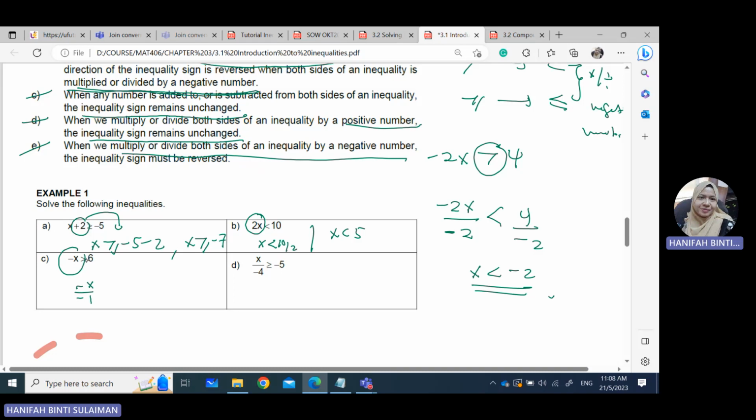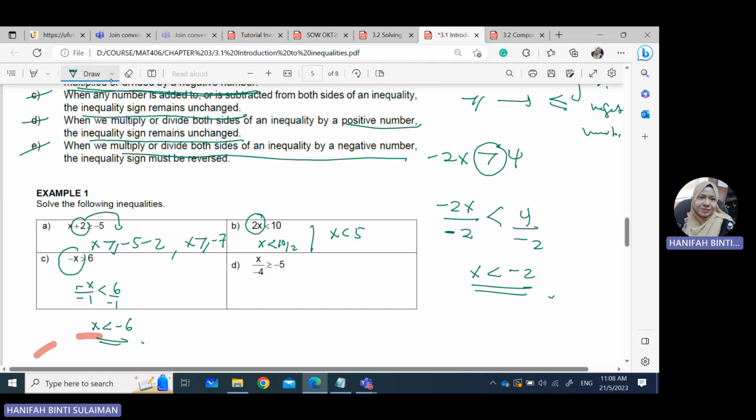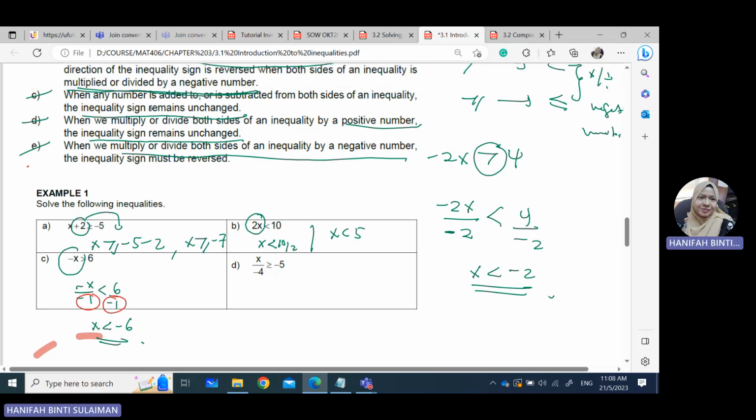Okay, dan sign ini akan berubah daripada greater than, we have less than 6 over negative 1. So that we have x is less than negative 6. Ini jawapan dia. Okay, so this happened because we divided all the terms by a negative number, which is negative 1.